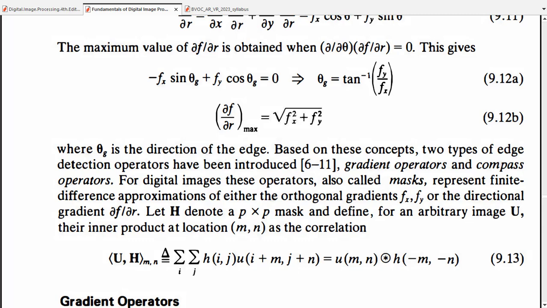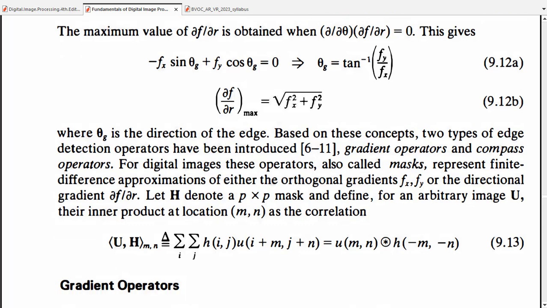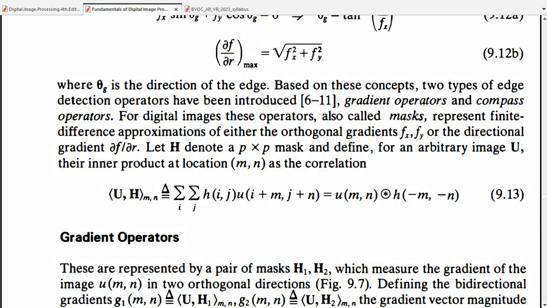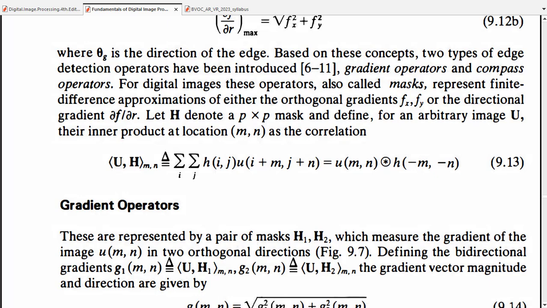Let h denote a p by p mask and define, for an arbitrary image u, the inner product at location (m, n) as a correlation. We call this the gradient operator. We know what a mask is from the previous concept.